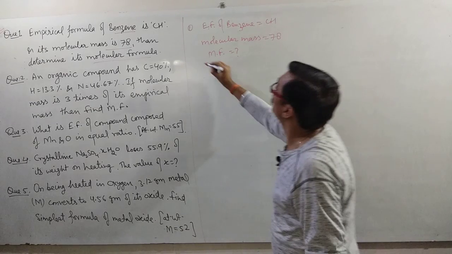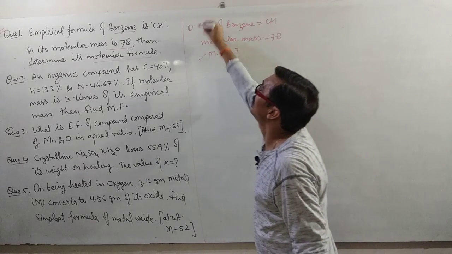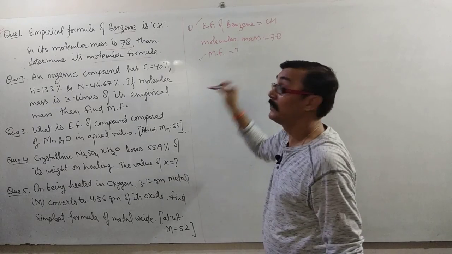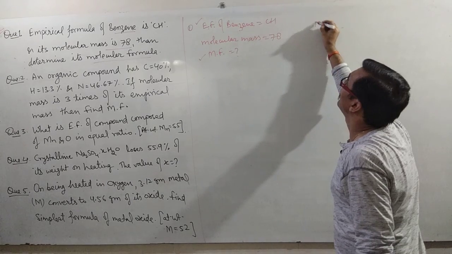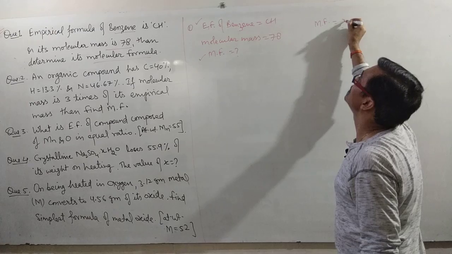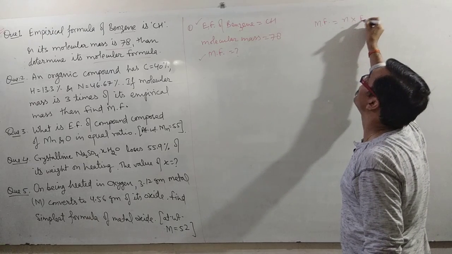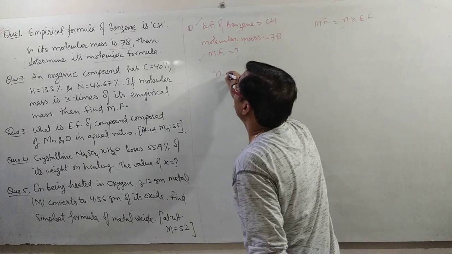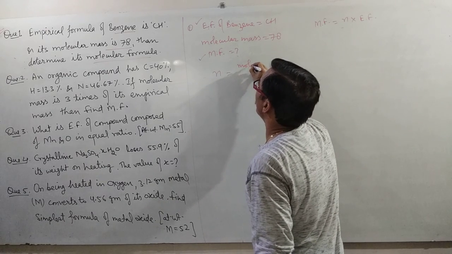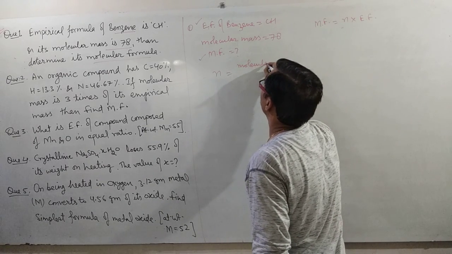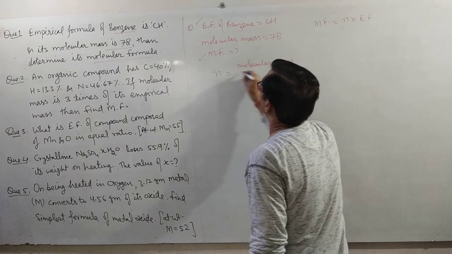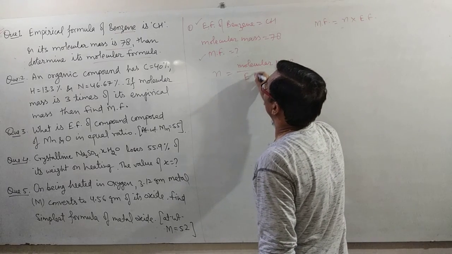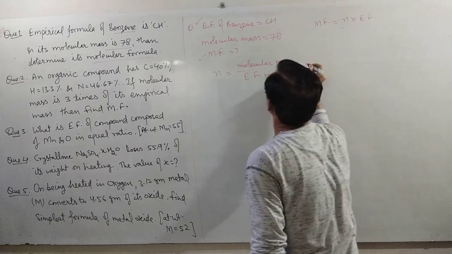Now, to find the molecular formula from the empirical formula, we all know very well that the molecular formula is equal to n into the empirical formula. But n is molecular mass divided by empirical formula mass.